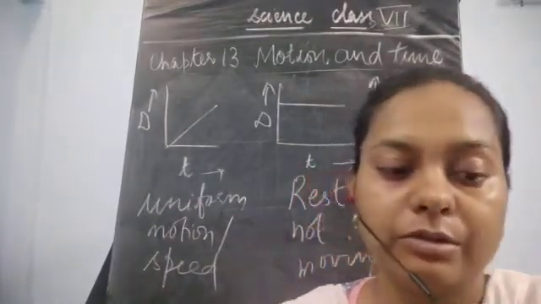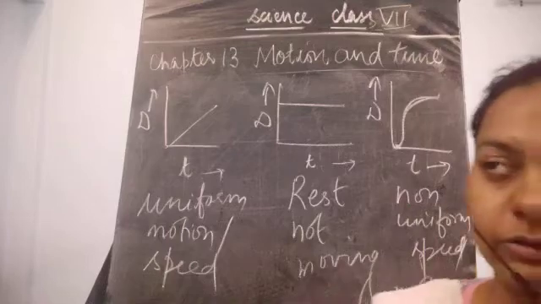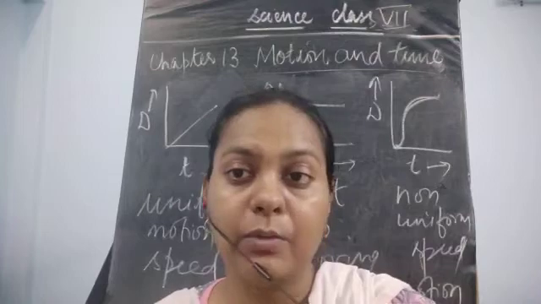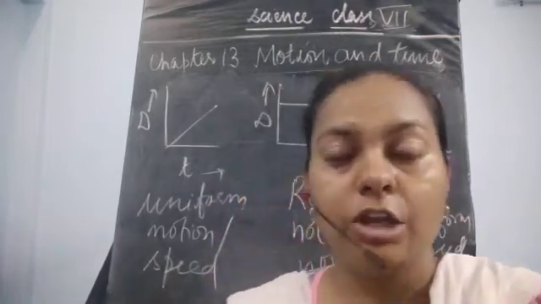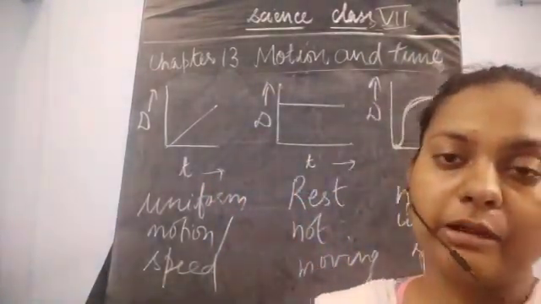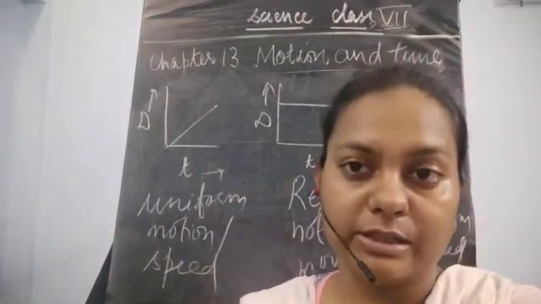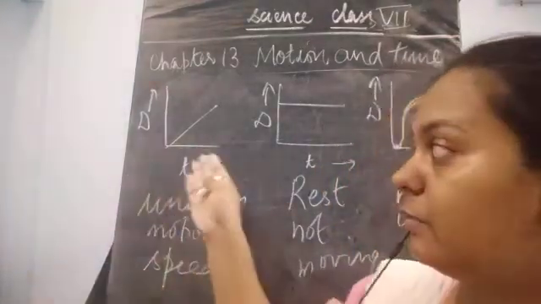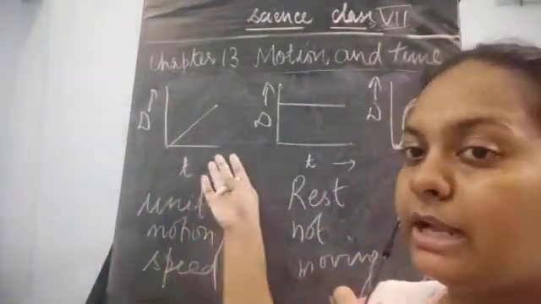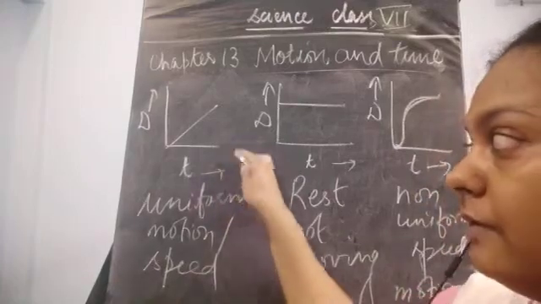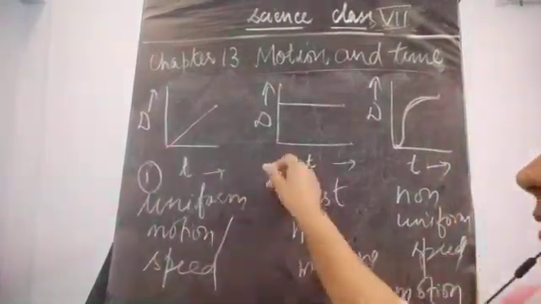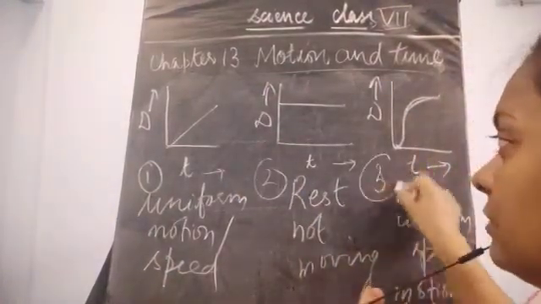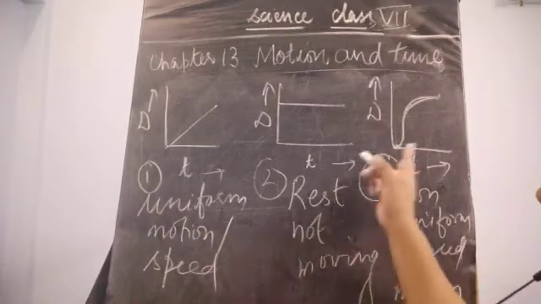Okay, so this was about how we can calculate the distance, how we can calculate the speed using the graphs. How can you tell what kind of distance this is having? So in today's class we have studied the measurement of time using this distance time graph, where we have drawn the distance time graph in 3 ways: if the body is in uniform motion, in a straight line, it shows the first graph, if it is at rest, it shows the second type of graph, and if it is in non-uniform motion, it shows this third type of graph where a curved line is seen.